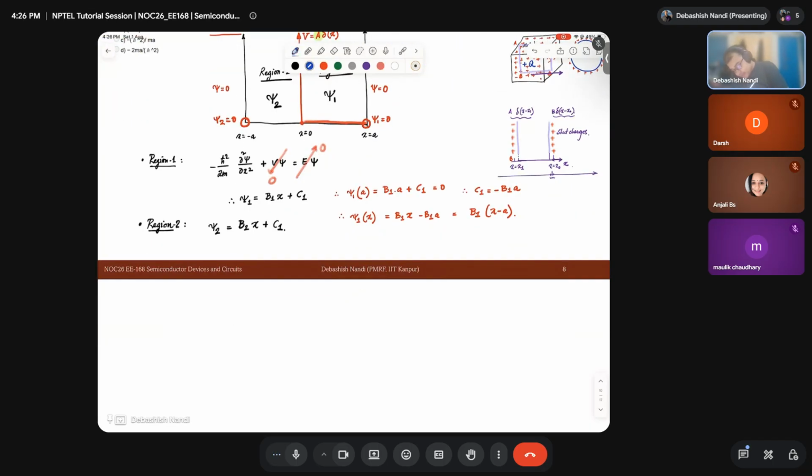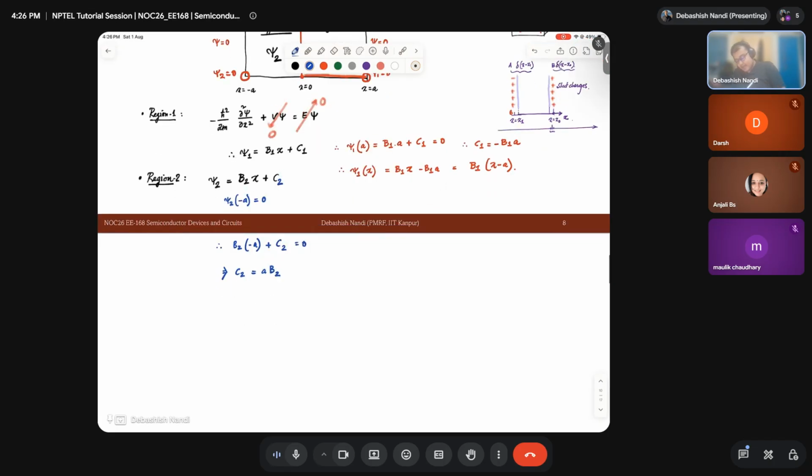About psi 2 of x, psi 2 at minus a is equal to 0, that means b2 times minus a plus c2 is equal to 0. Sorry, it should be c2. So my c2 is equal to a b2, right? Again putting this back into this equation, I get my psi 2 of x is equal to b2x plus a b2, so b2 times (x plus a).